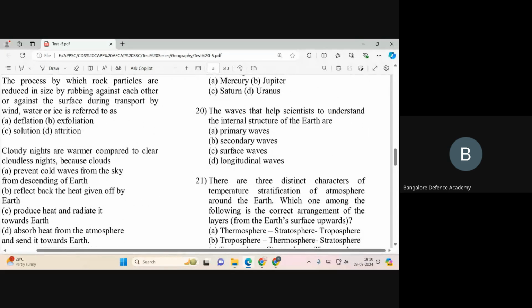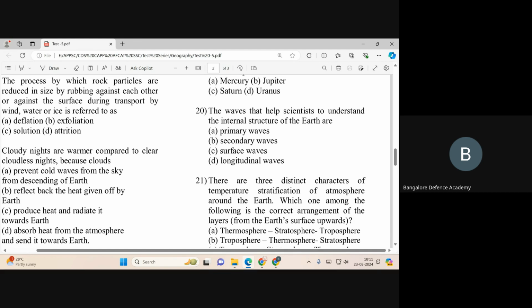So next, question number 20. How many think option A? How many think option B? How many think option C?